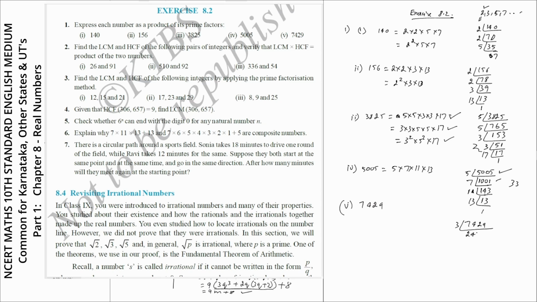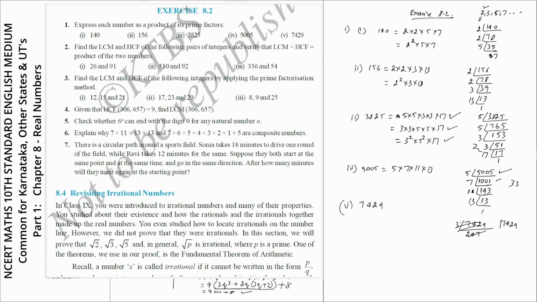Then 3 sevens are 21, 1 is remaining. So now 19. 19 is not divisible by 3. It is not divisible by 5.